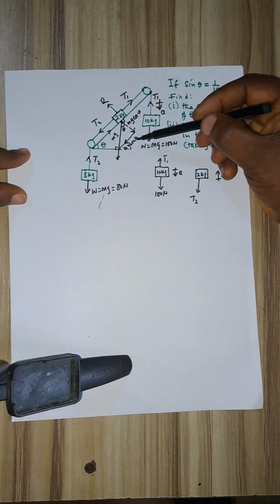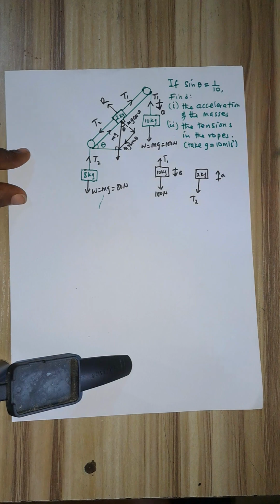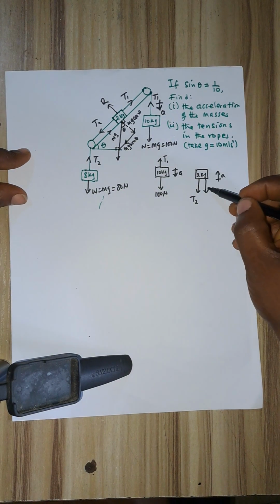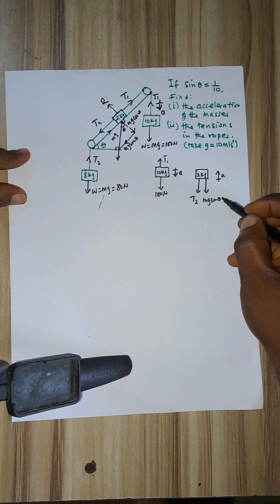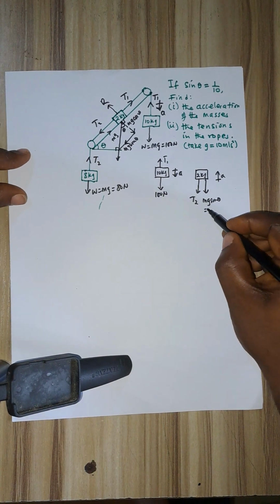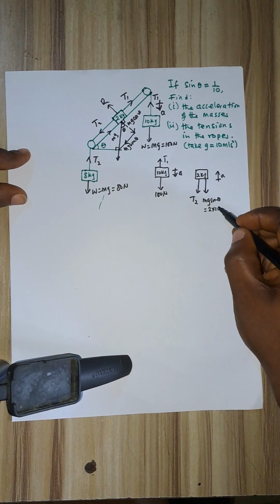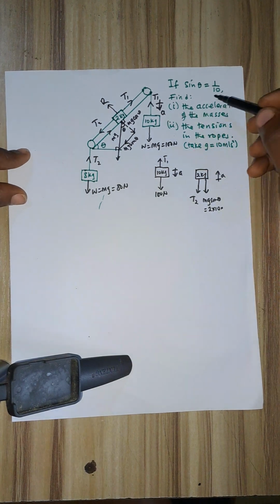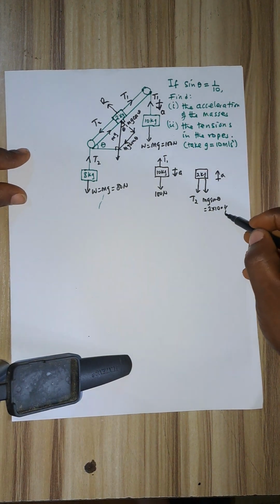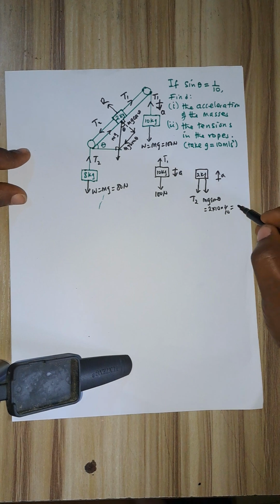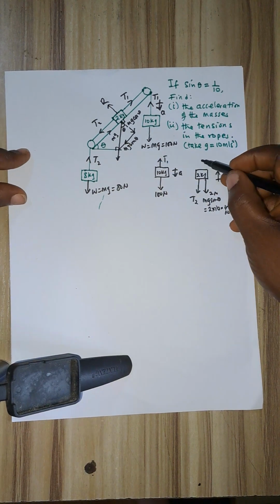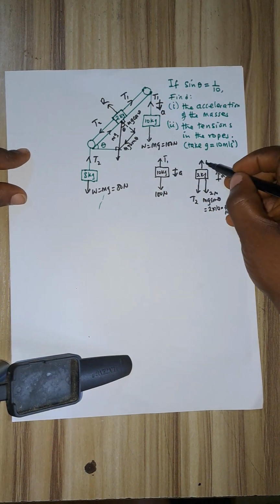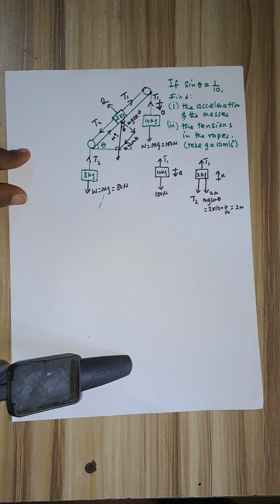There are two forces acting. Look at this, mg sin theta. It's also acting in this direction. You have mg sin theta. Mg sin theta is mass 2 times 10. Recall that sin theta is 1 over 10. So we have 1 over 10. That gives us, 10 cancels 10, 2 Newton. So we have here 2 Newton. Now, T1, tension 1, is acting in this direction.